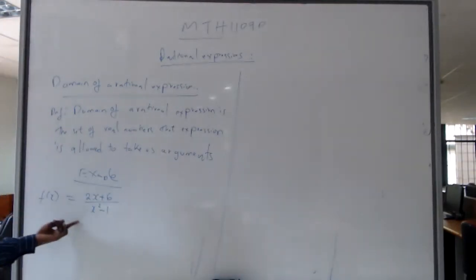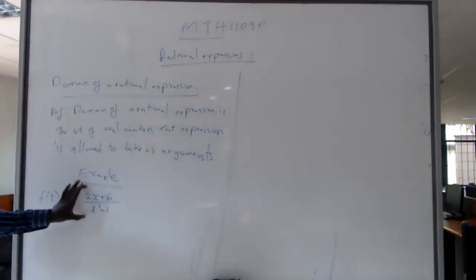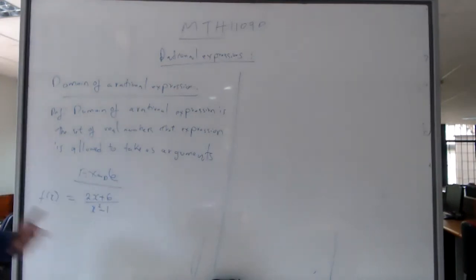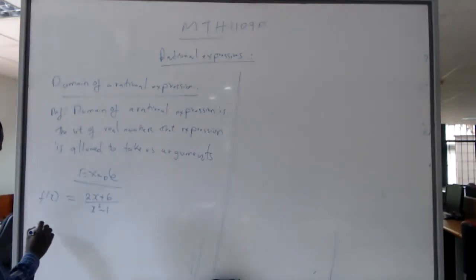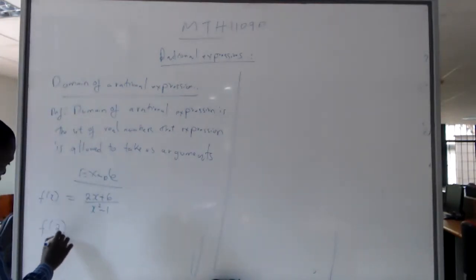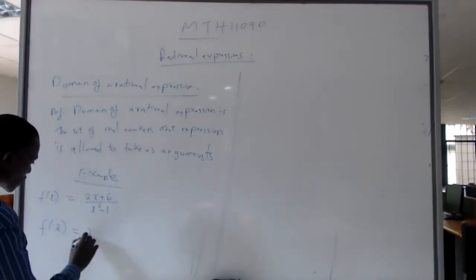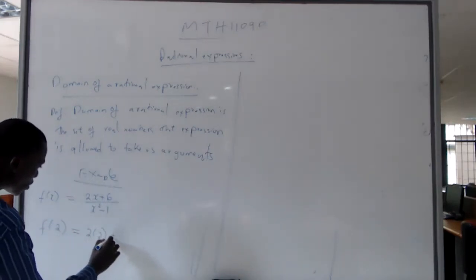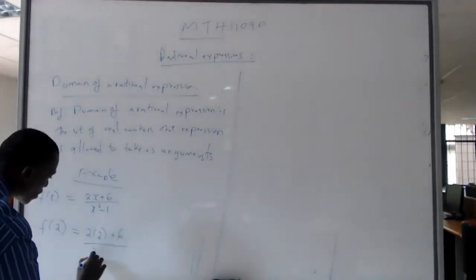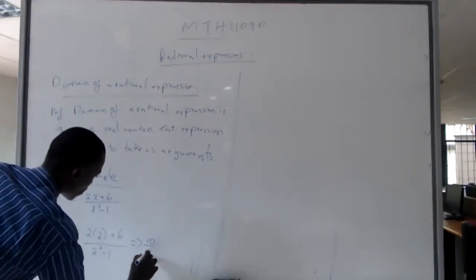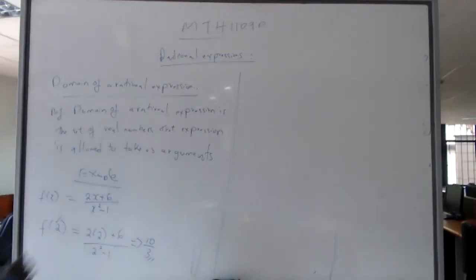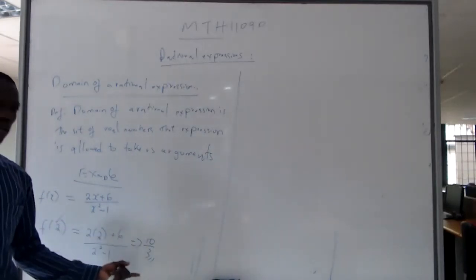So we want the set of all real numbers which, if you plug into this expression, will give you numbers that make sense, in this case finite numbers, different from infinity. If you put 2 in this expression, what will you get? You get 2 times 2 plus 6, divided by 2 squared minus 1. This is 10 divided by 3. So it means 2 is in the domain, because the output is a number.